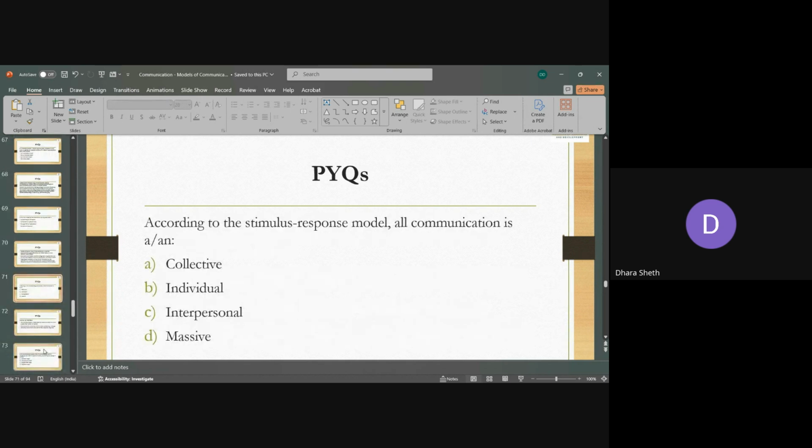Next, according to the SR model or stimulus response model, this is what we are talking about, Berlo's SMCR model. All communication is collective, individual, interpersonal, massive.